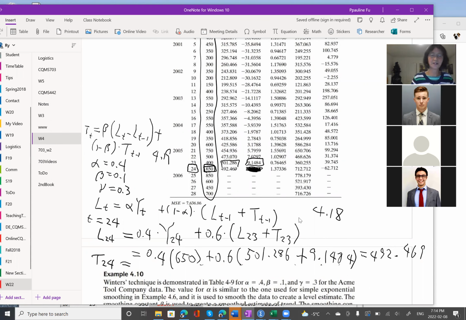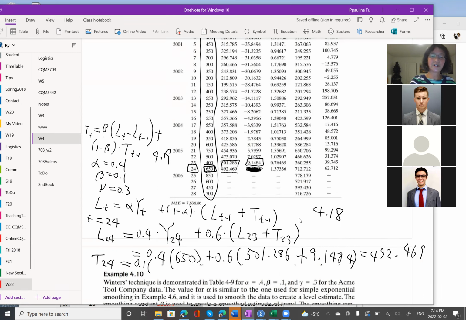So T24 equals beta 0.1 times LT minus LT minus 1.